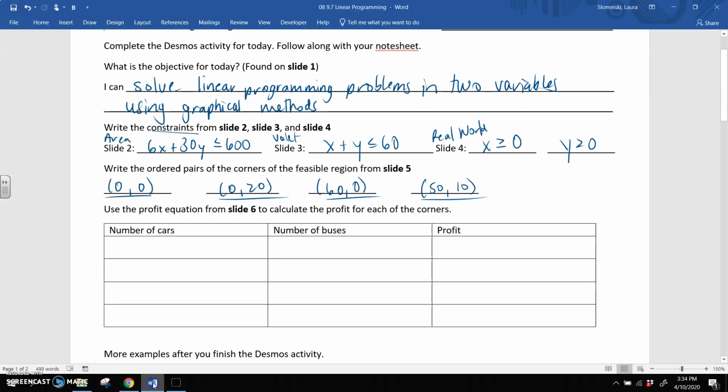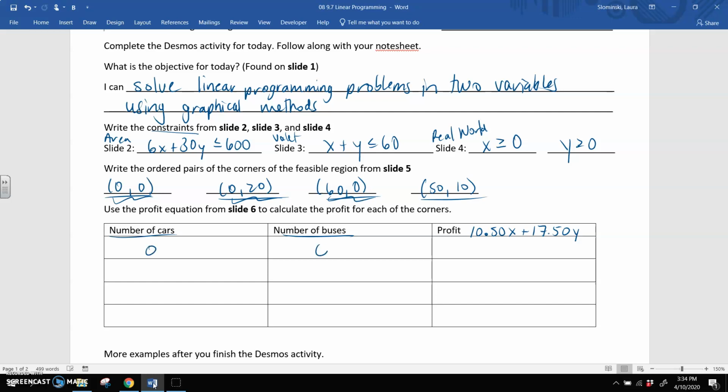So when I go back to the note sheet, which is where we can end now, for this to make a profit, I'm going to use the equation 10.5x plus 17.5y.